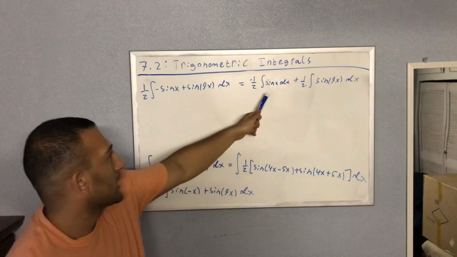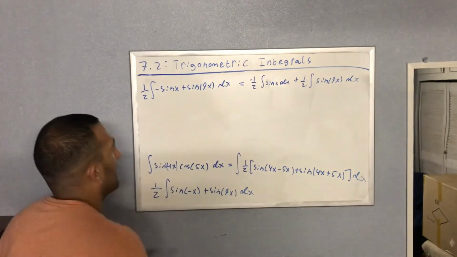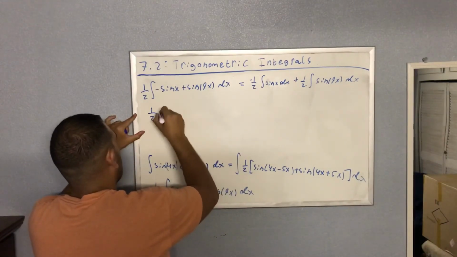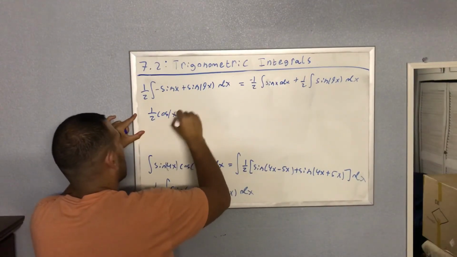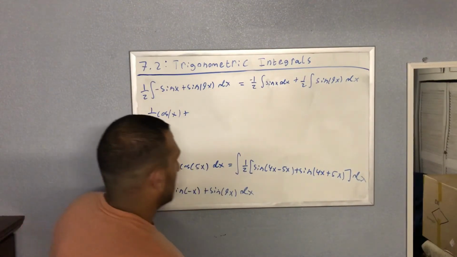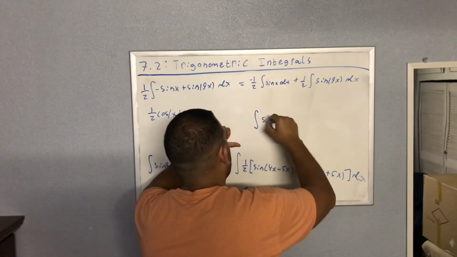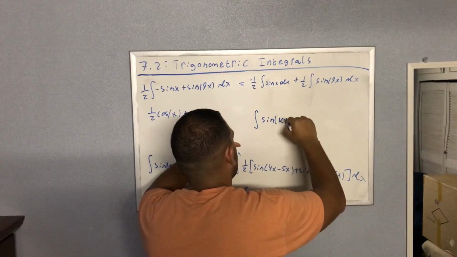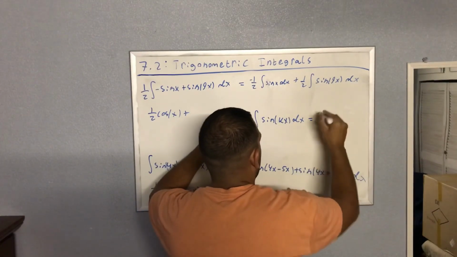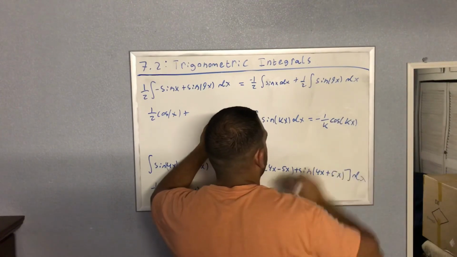And so this one we know, the integral of sine is negative cosine. So when that negative hits the negative 1/2, you'll just get 1/2 cosine x. And then as we talked about, the integral of sine of kx is negative 1 over k cosine of kx.